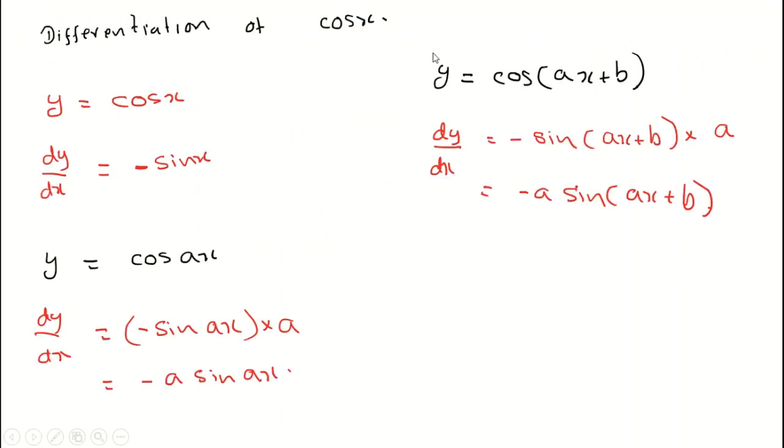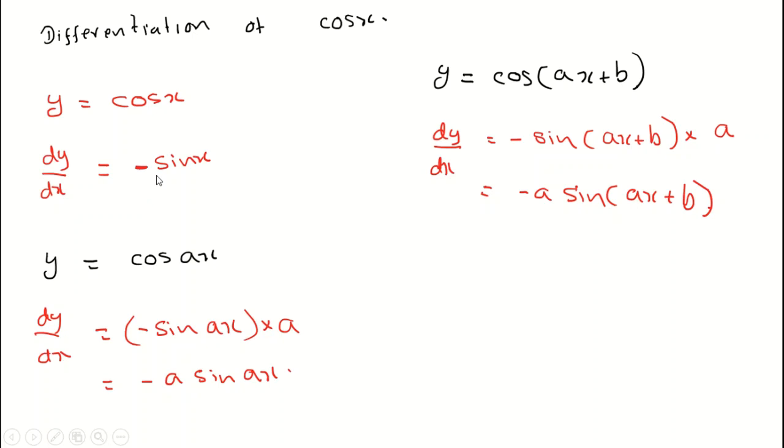The differentiation of cos x is also exactly a similar process. The only difference is when you differentiate y equals cos x, dy over dx is minus sin x. There is a minus coming here. And when you differentiate sin x, it was just cos x. But when you differentiate cos x, it is minus sin x.